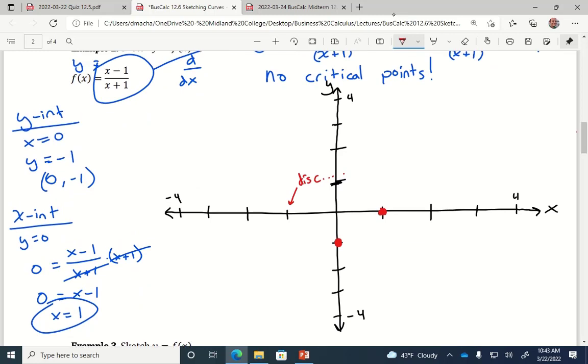I'm clearly increasing between this y-intercept and this x-intercept, because there's not going to be a maximum, so I can't have something like that going on. If I did, that would be a maximum, so that can't happen. I can't have any place where this is decreasing like that, because then that would give me a minimum, and I found that there's no maximums or minimums, so I have to be increasing there.